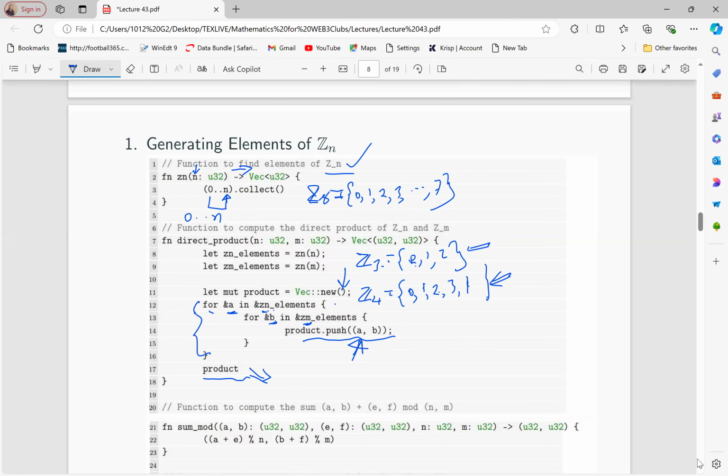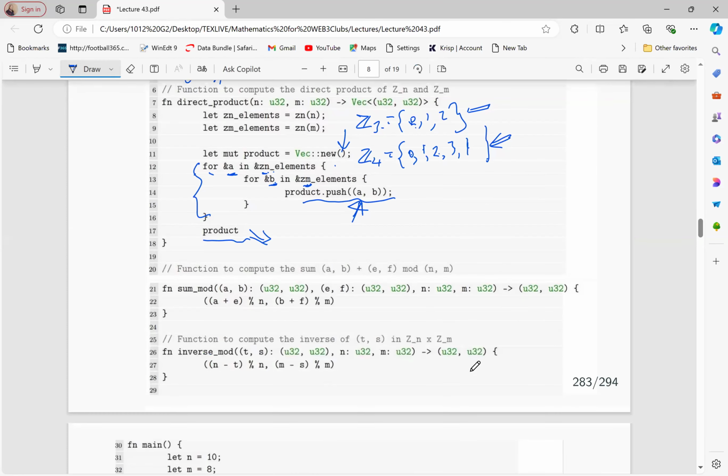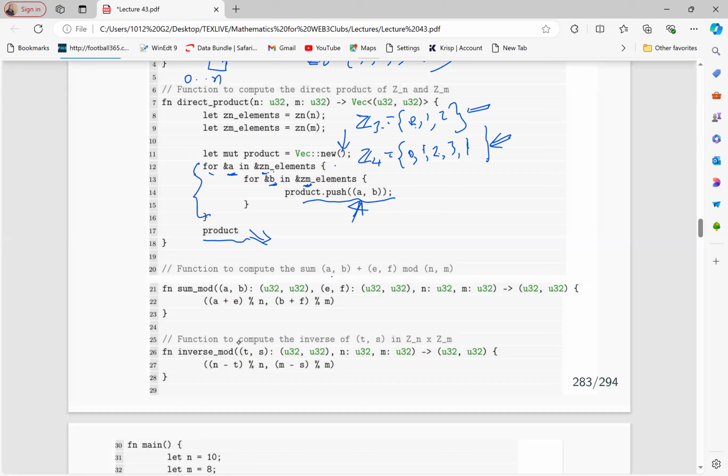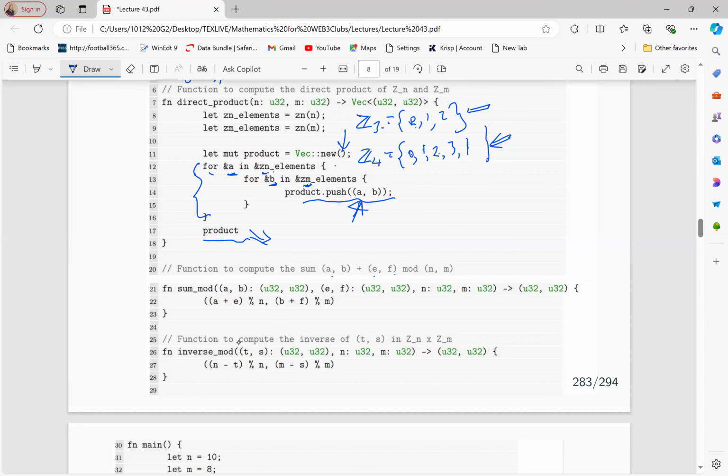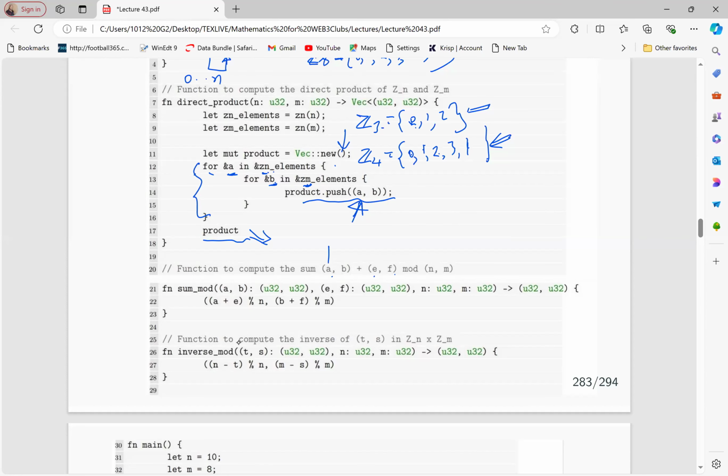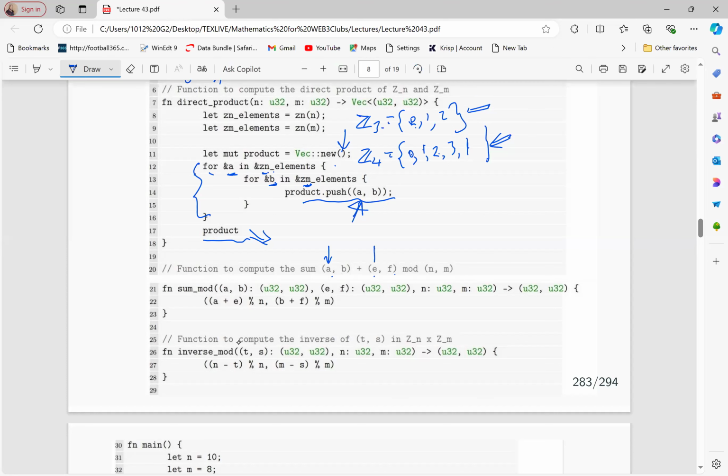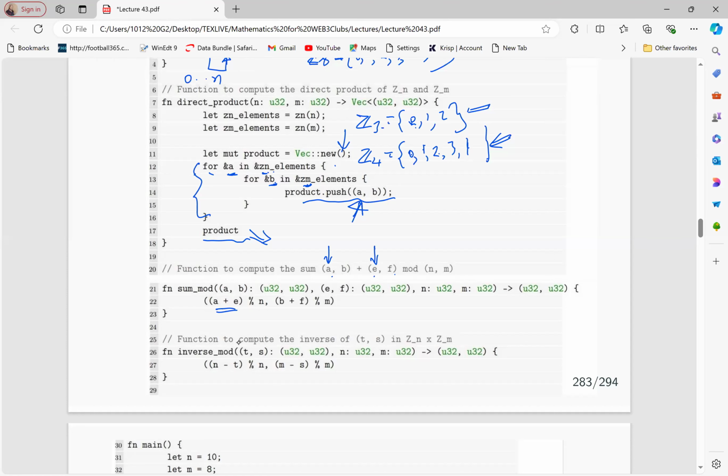Then when you tell it to add, for instance, AB plus EF, it will notice that A is from the first group, E is from the first group, so those two are combined together. After being combined, it divides by the mod of that group, which is Zn.